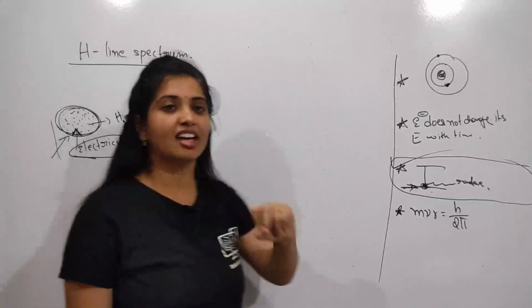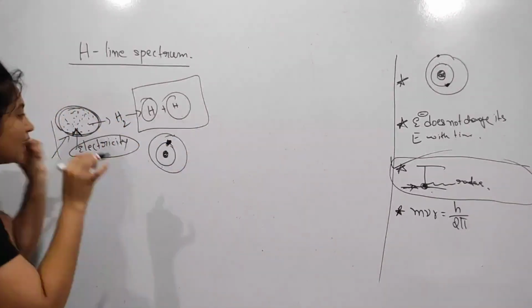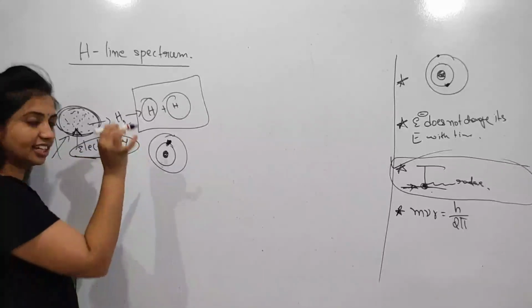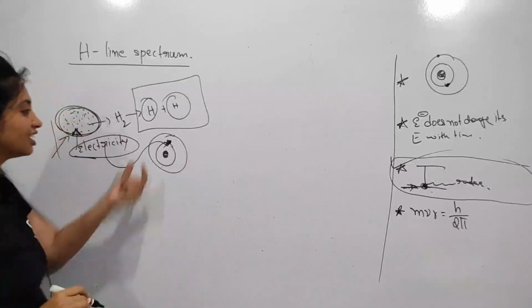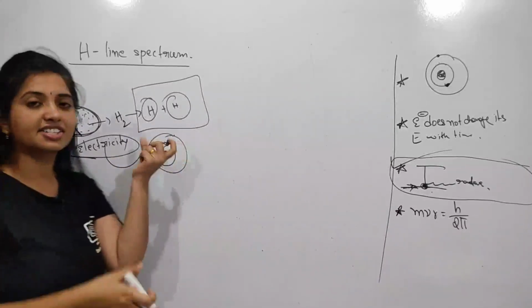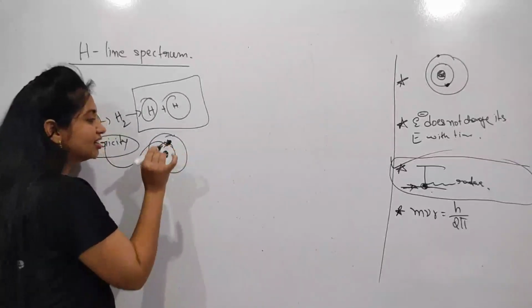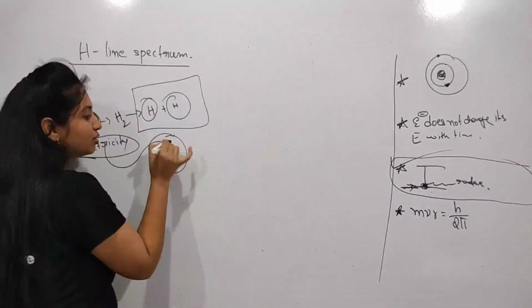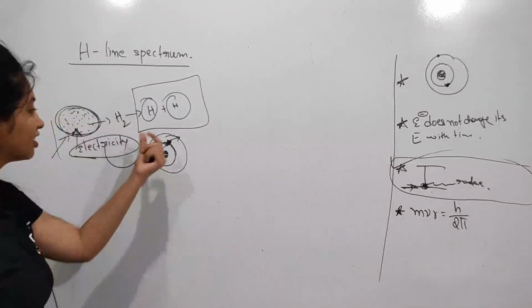Then these electrons absorb the electromagnetic radiation, the external energy, and get extra energy. This electron jumps from its original state to a higher energy level.